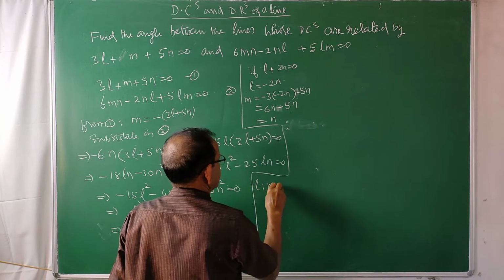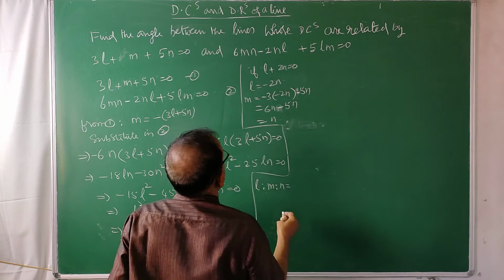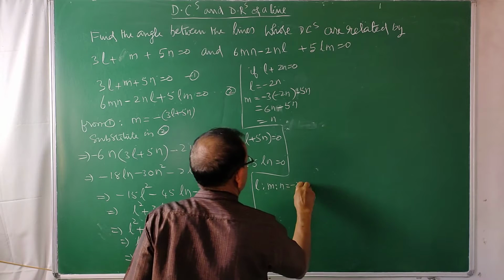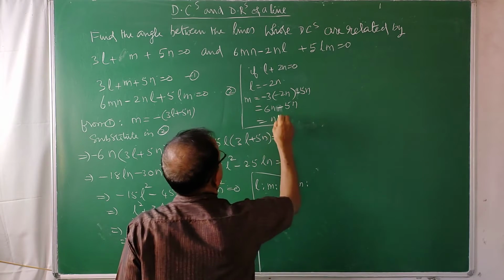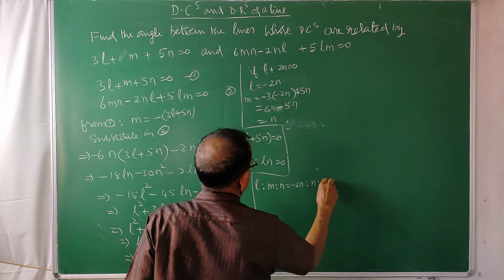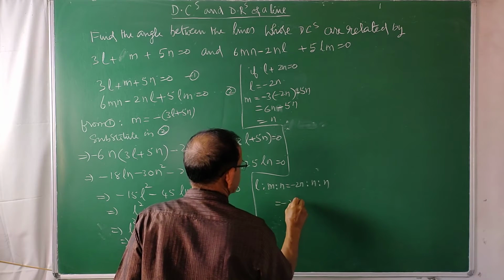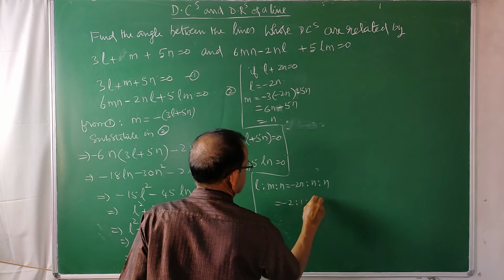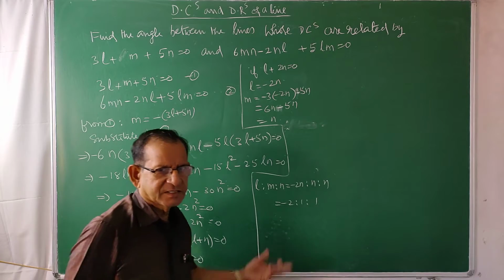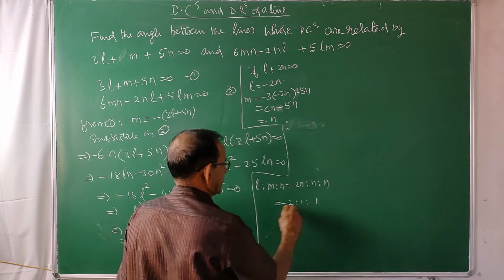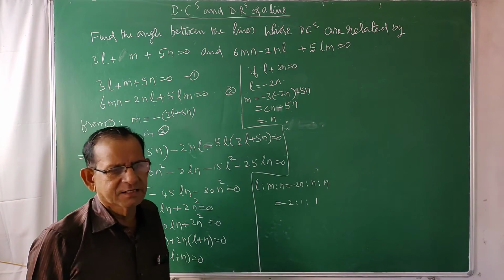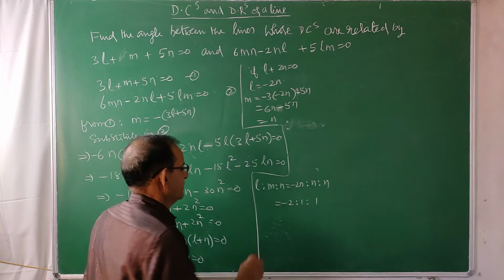L is to M is to N, L is minus 2N is to M is equal to N is to N. So minus 2 is to 1 is to 1 after cancellation of N, because it is a ratio. So you can take these three as the DRs of the first line.